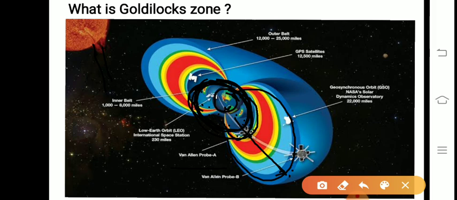So there are three parameters: one, the temperature is neither too hot nor too cold; second, the gases that support life, like O2 and CO2; and third, water exists in liquid form. If these three parameters are present, that zone or area is called the Goldilocks zone. And because Earth has all these parameters, Earth has a Goldilocks zone.